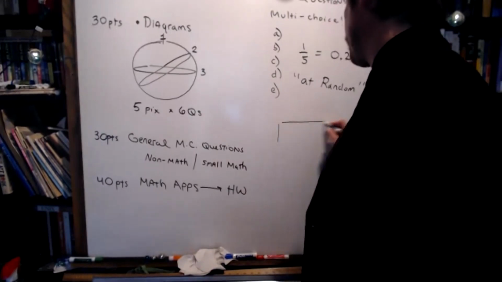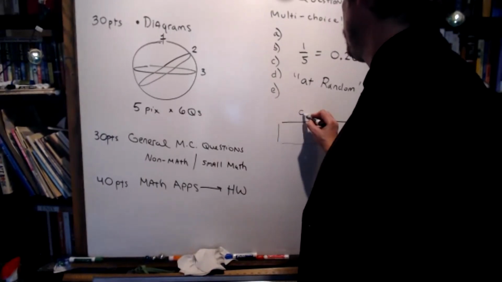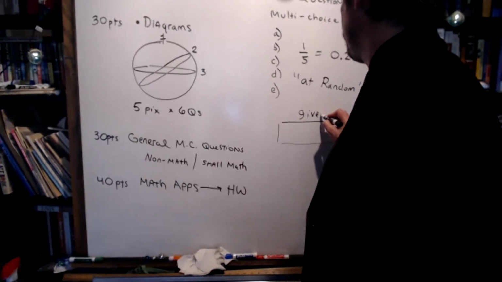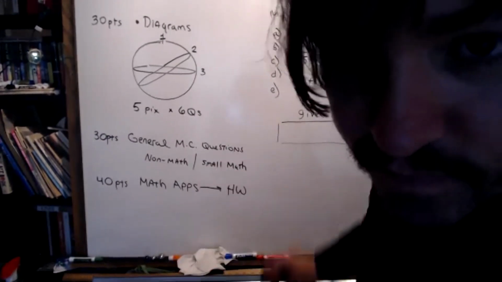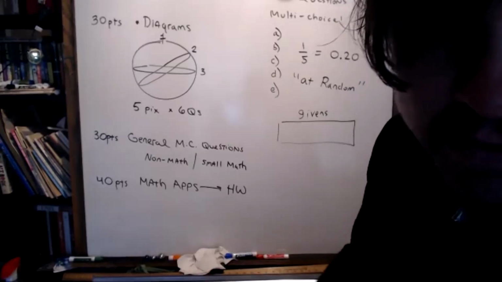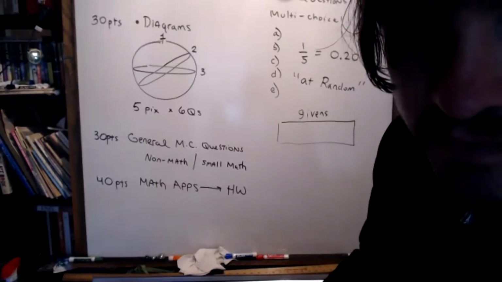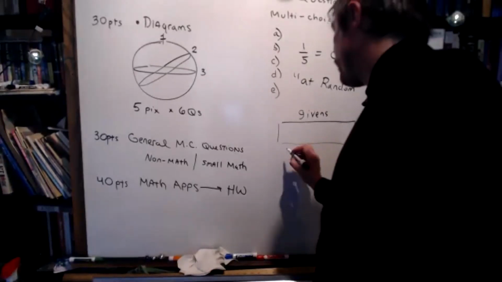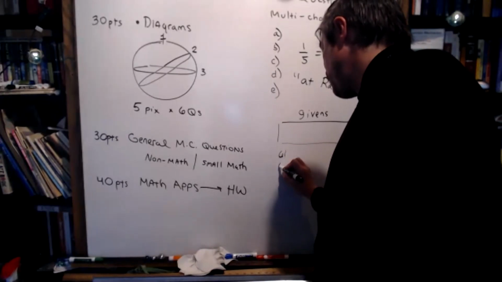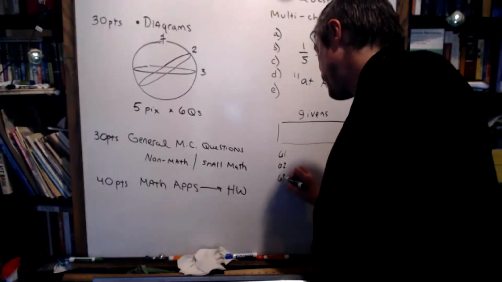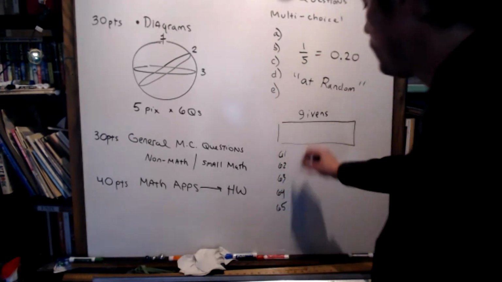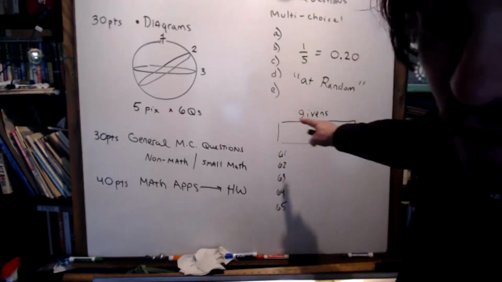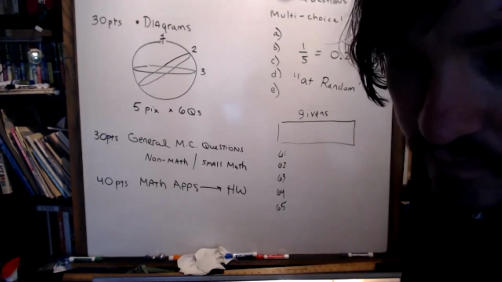What I will do is for a set of questions, you'll have a box with a bunch of givens. I might tell you the sidereal period of Mars, or maybe I'll tell you the period of one of the moons of Jupiter. And then the following questions, 61, 62, 63, 64, and 65, will all be about those givens.